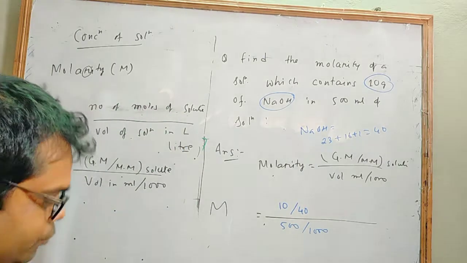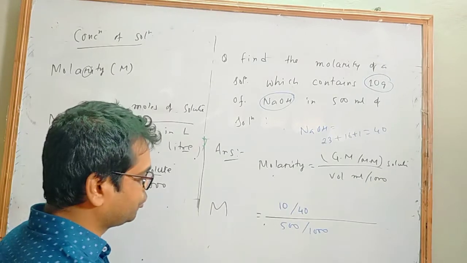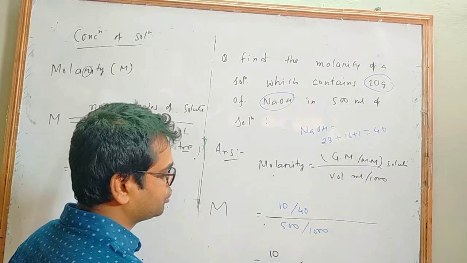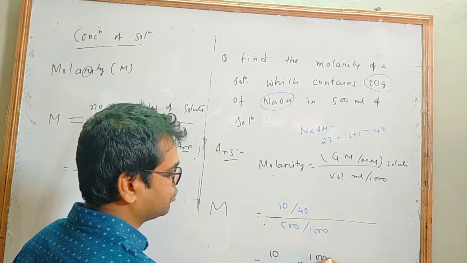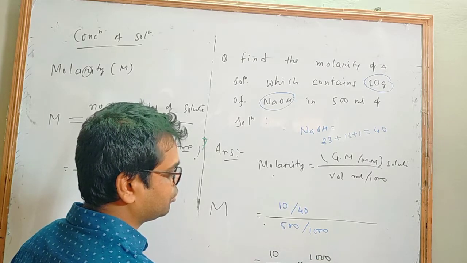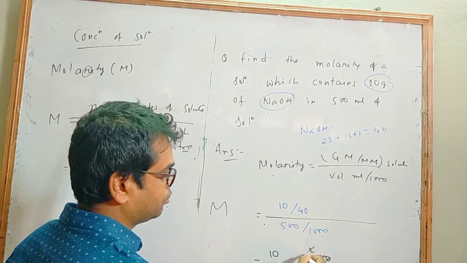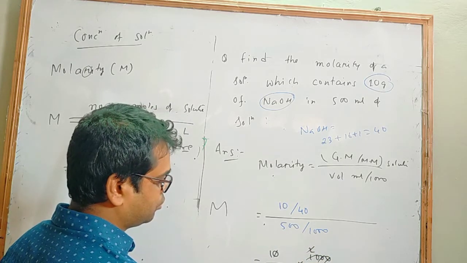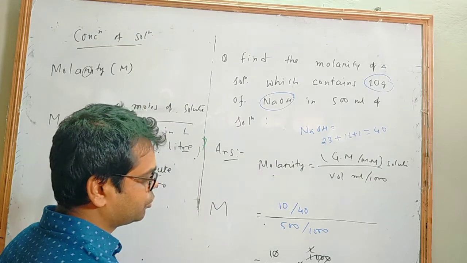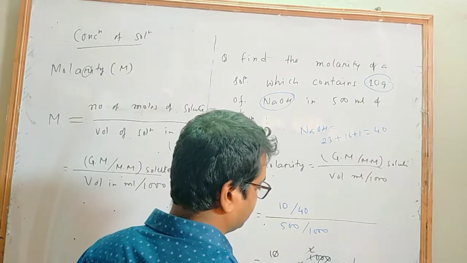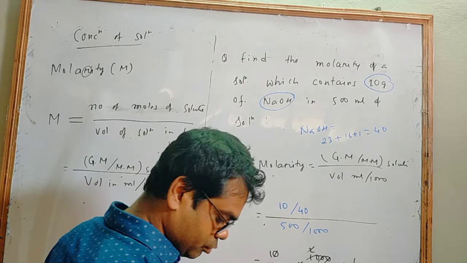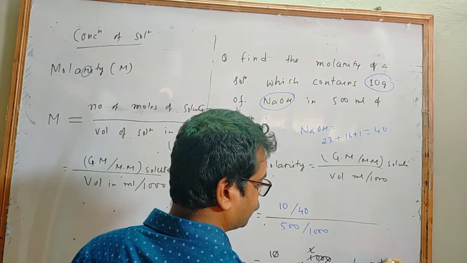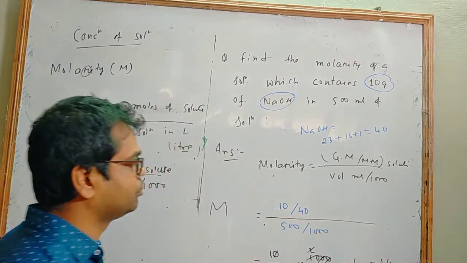So you have to write this like that, 10 by 40, and take the reciprocal, this is 1000 by 500. Molarity comes out to be half, and the unit should be mole per liter.